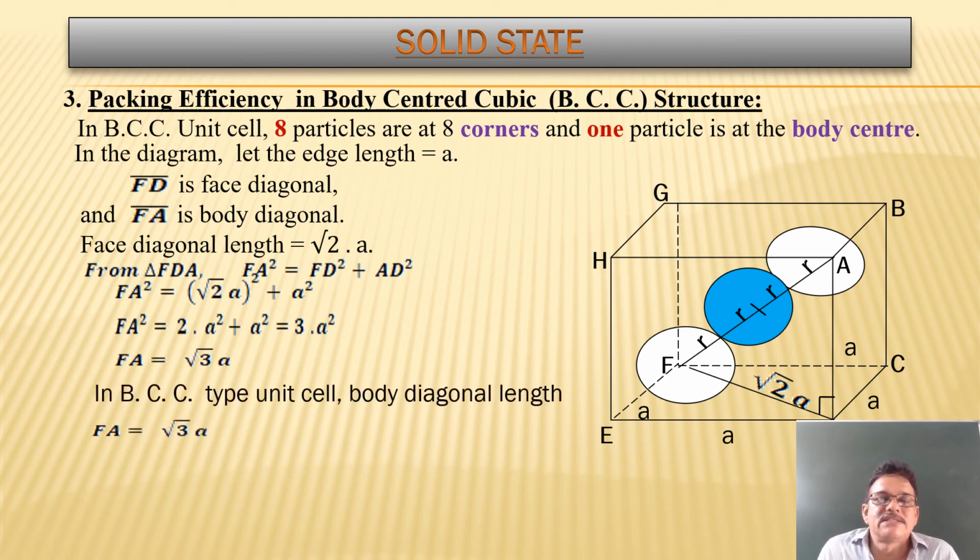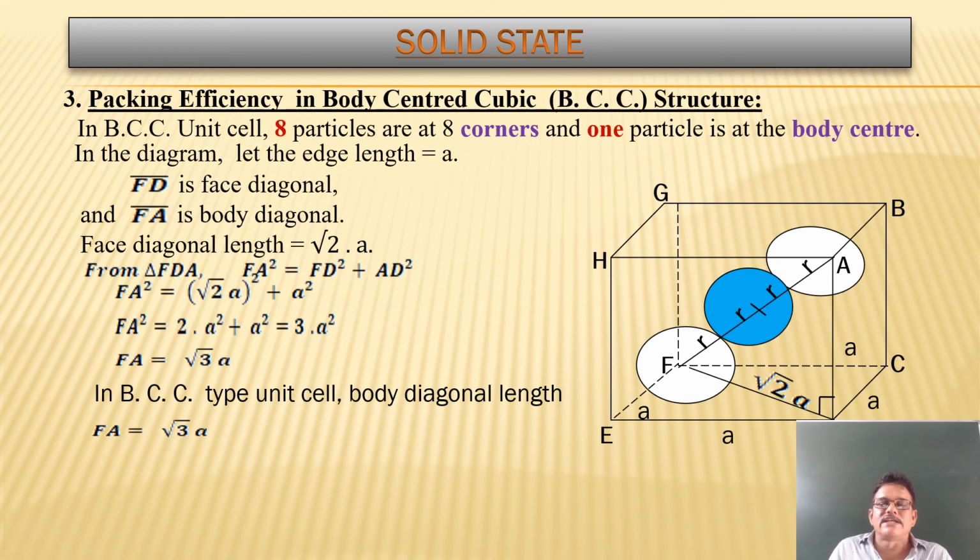In BCC type unit cell, body diagonal length FA is equal to root 3a. That means using this formula, if a is given, we can directly calculate body diagonal length. Okay, formula for body diagonal length is equal to root 3a or 1.732.